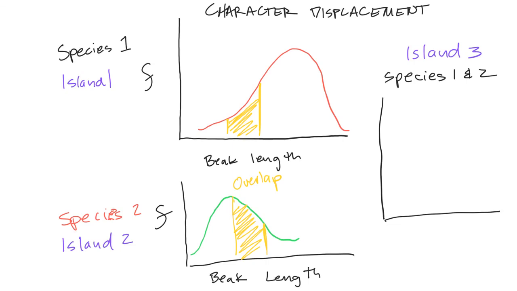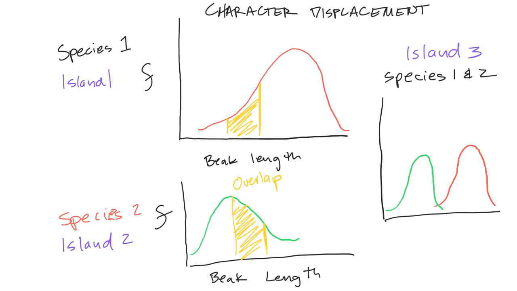So species 1 would have a frequency distribution like that, and species 2 would have a frequency distribution like that. And so the overlap would diminish because the two species are competing for the same resources on this island based on their beak lengths. That's what character displacement is.